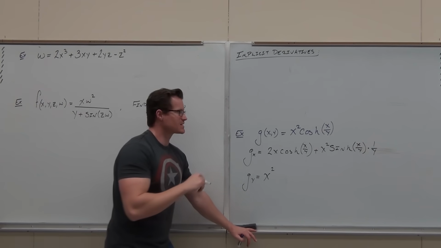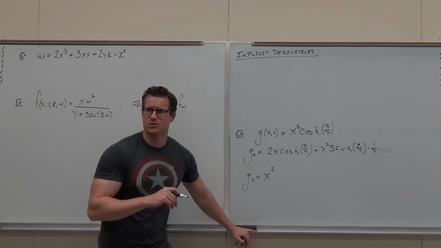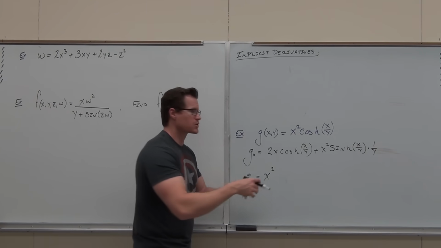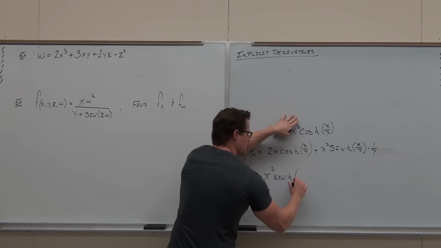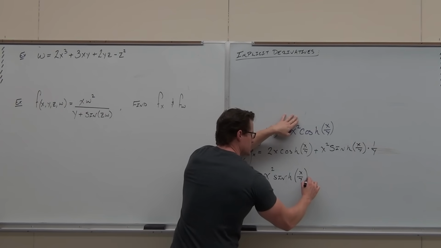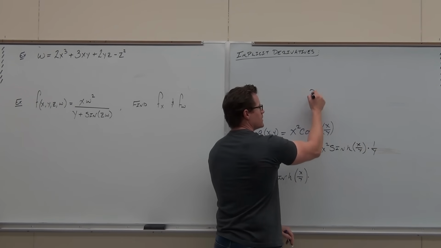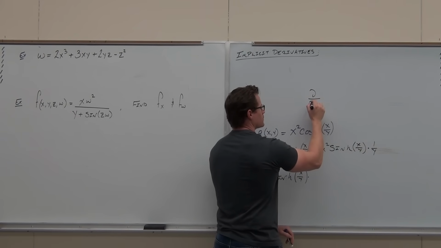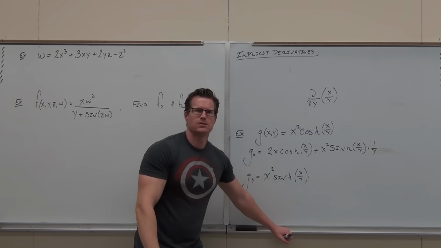So we have x squared. Do I still get sinh, yeah or no? Yes. You still get sinh. You still got to take the derivative of the composed function. So derivative of the outside function, leave the inside alone, times the derivative of the inside. Oh, goodness. What is the derivative of this with respect to y?